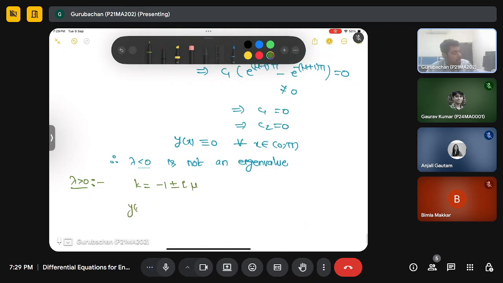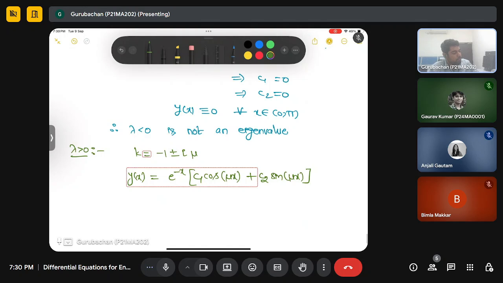So y(x) will be e^(-x) (c1 cos mu x plus c2 sin mu x). Okay, we are given that y(0) is 0. So this will imply that c1 is 0, because sin mu x is 0.